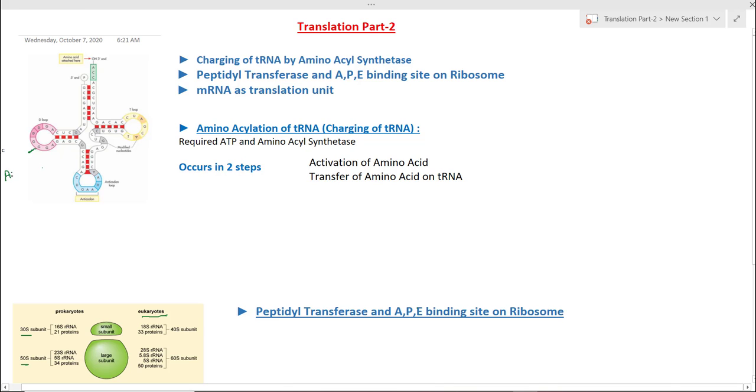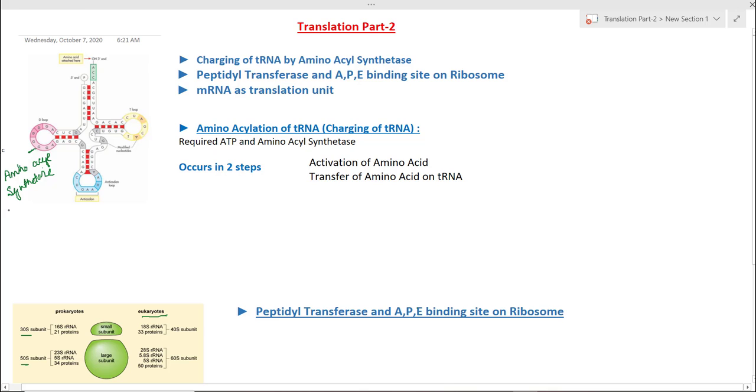There is also an amino acid synthetase recognition site. What is the function of this enzyme? Actually, this enzyme is required for the charging of tRNA.